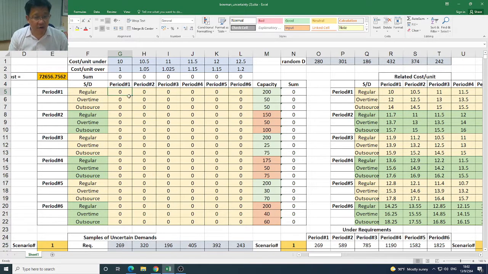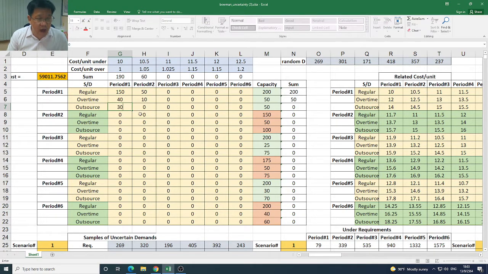For example, I'm going to produce 150 here, and another 50 here for period 2. I'm going to do overtime of 40 and 10, and outsource of 30 and 20.